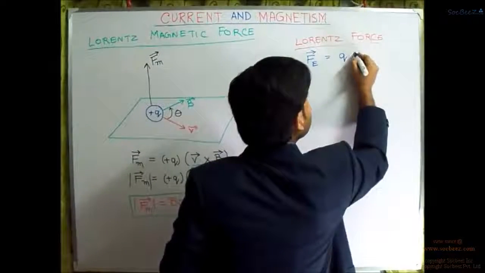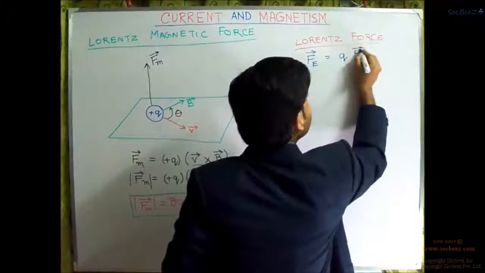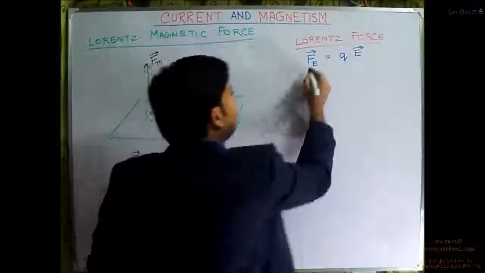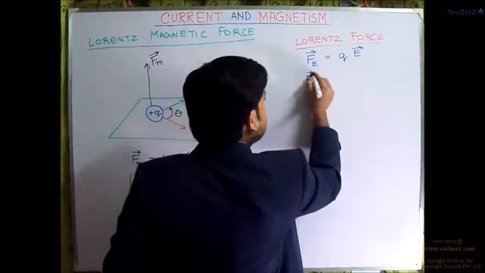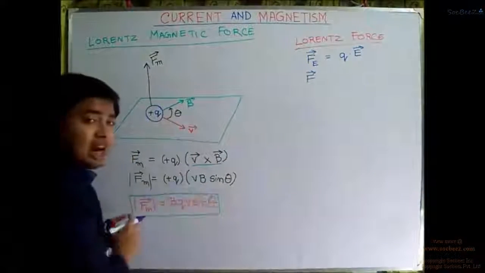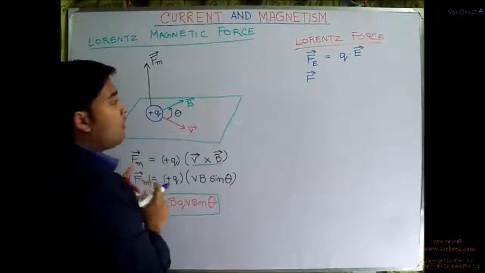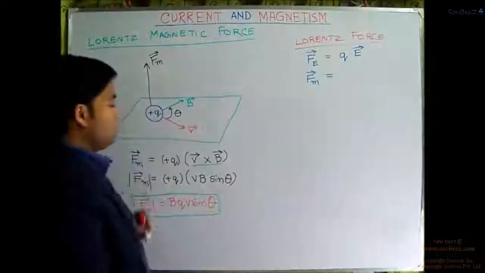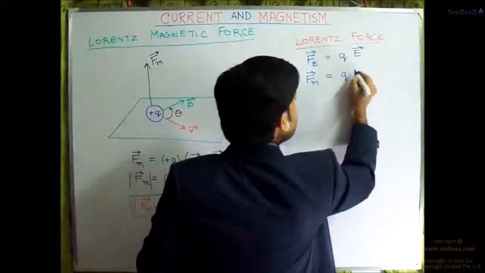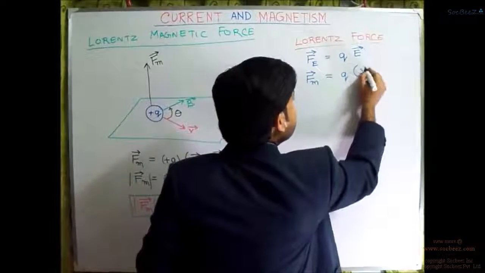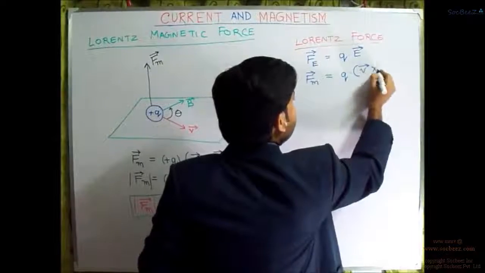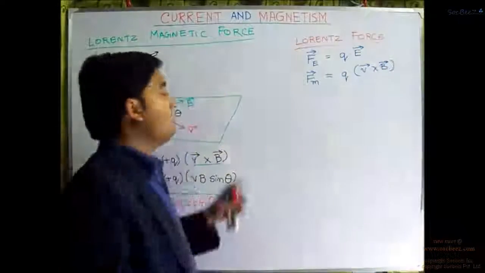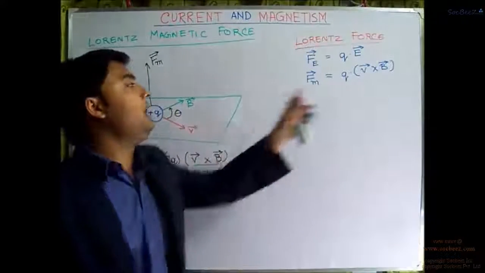And we have seen in this scenario that Fm is equal to q multiplied by the velocity vector and the magnetic field vector in cross product.